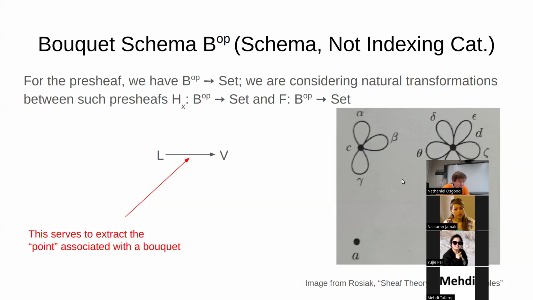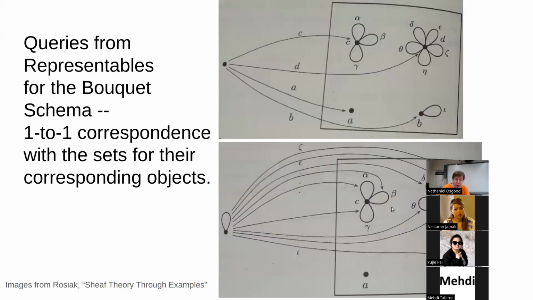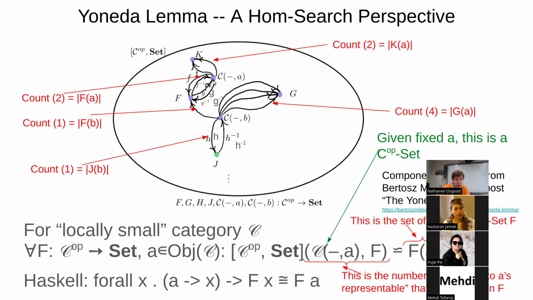That set of size 9 means there's going to be 9 morphisms here from this to this. It's going to find this loop in 9 different places in this diagram, so you'd have 9 here.